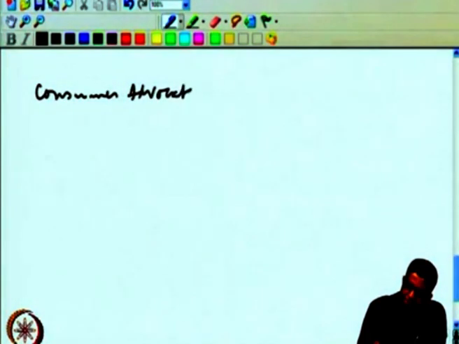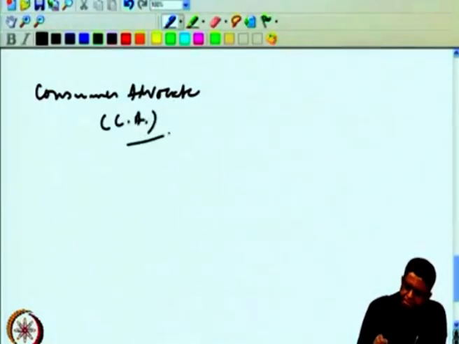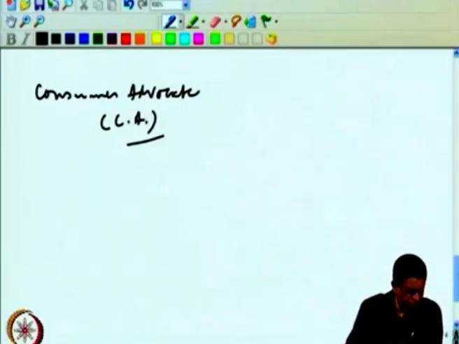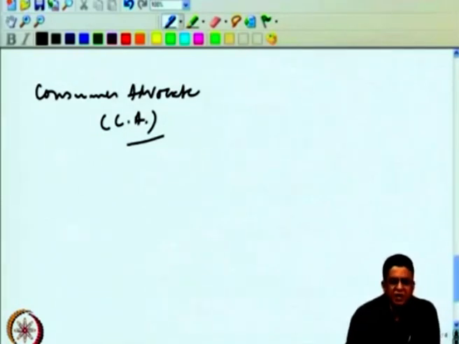The next stakeholder you are concerned with is what is called the consumer advocate, or CA in short. So, what do you mean by this consumer advocate? The company talks directly to the customers, keeps meeting the customers depending on the types of accounts.